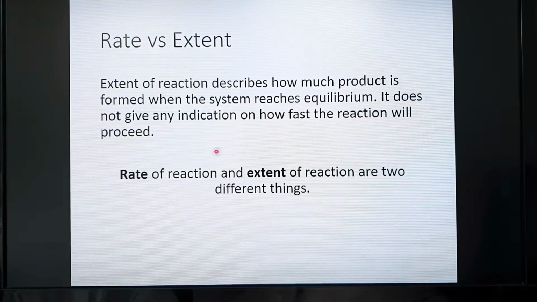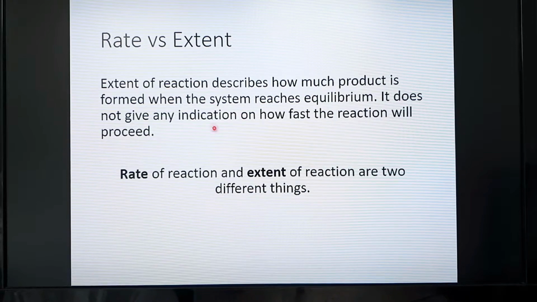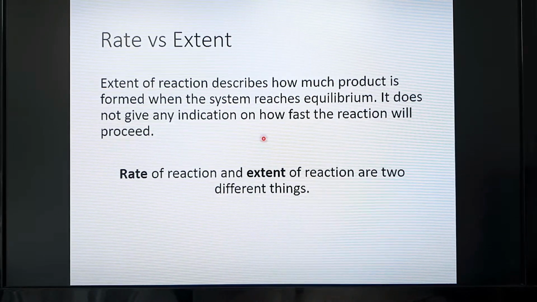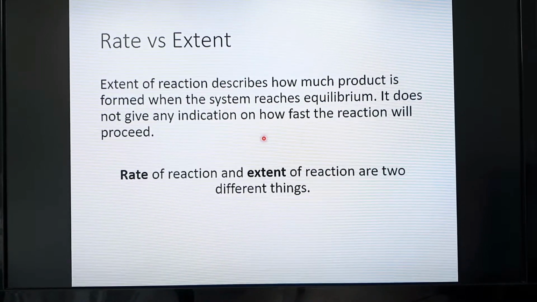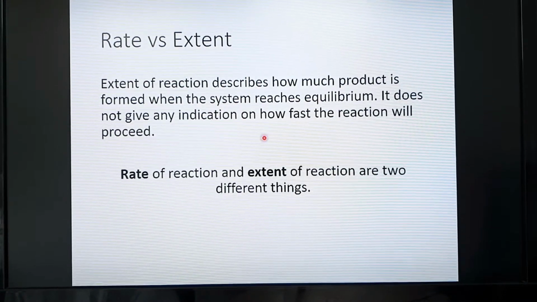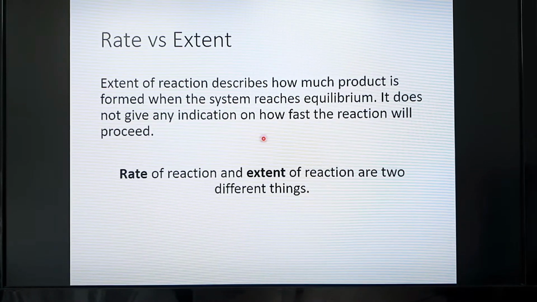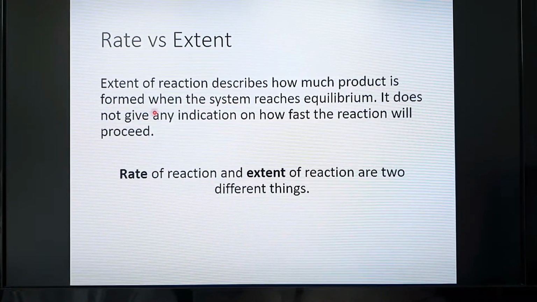So extent is talking about how far forwards the reaction is taking place. Some reactions don't actually go very far forward, so no matter how long you wait, just like in the Haber process, in those conditions, you're only going to get 0.6 mole of ammonia from 3 moles of hydrogen and 1 mole of nitrogen gas. So extent is how much product we form.